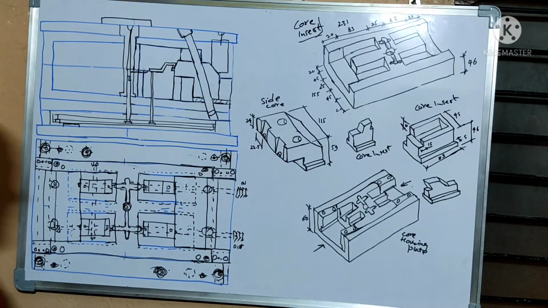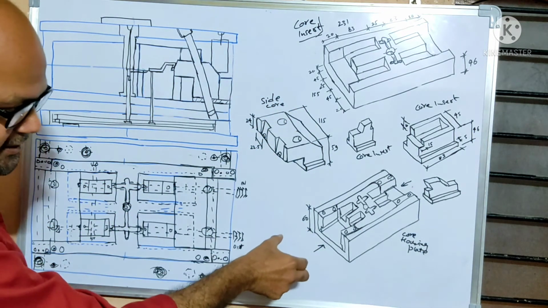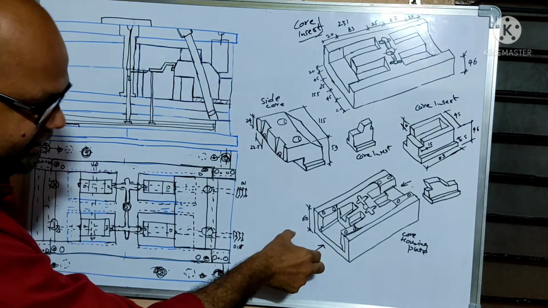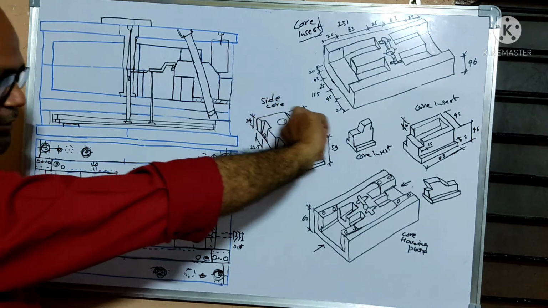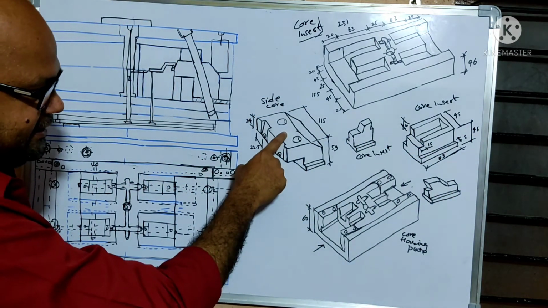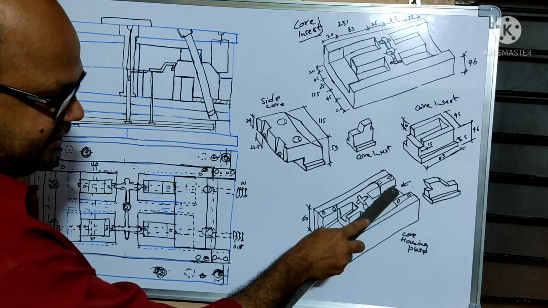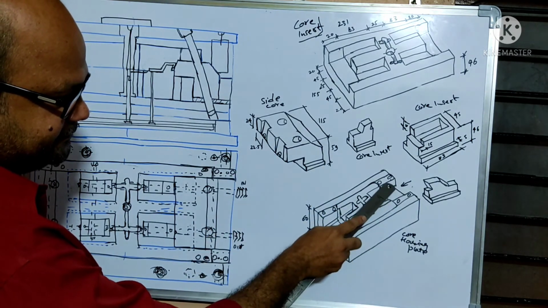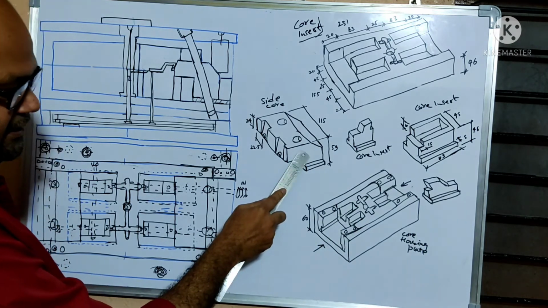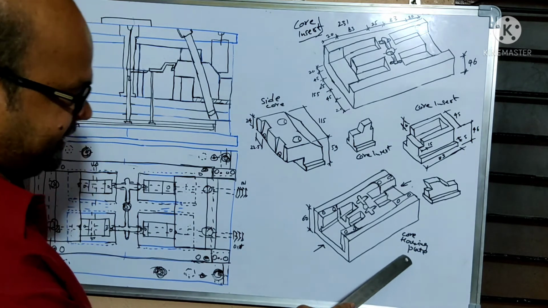Placing this side core in this reverse direction, you have to place the side core here, and this side core you have to place here like this. This side core insert will guide in the guides in the core housing plate.